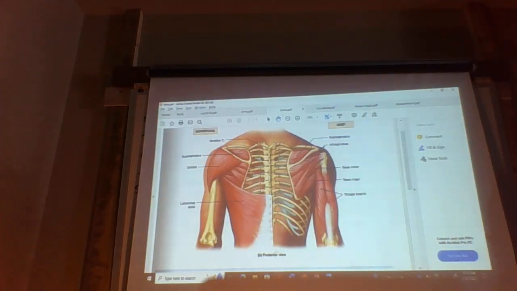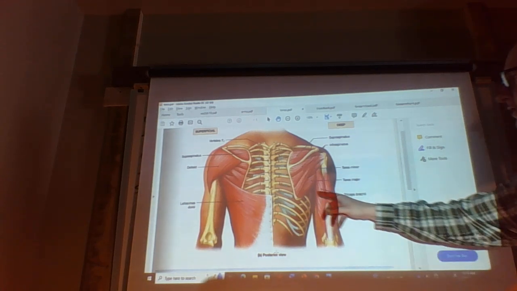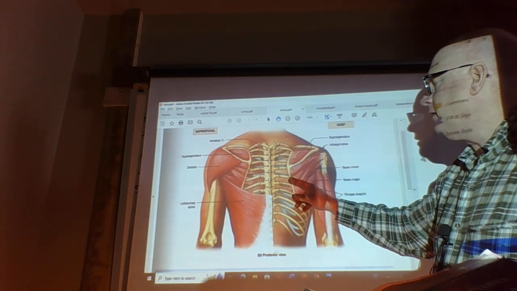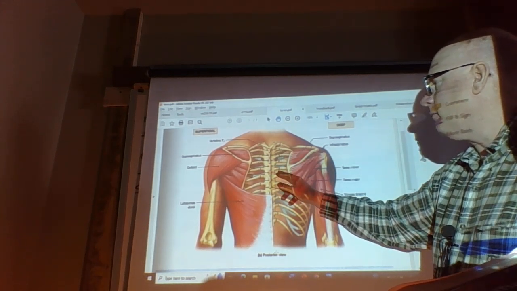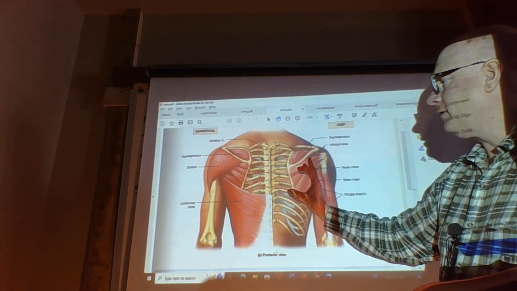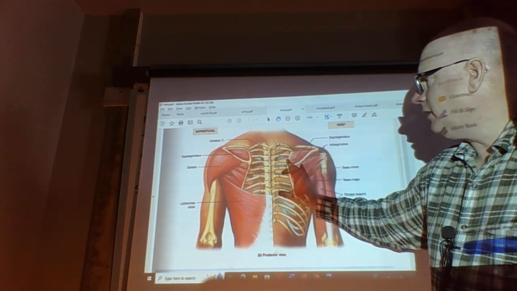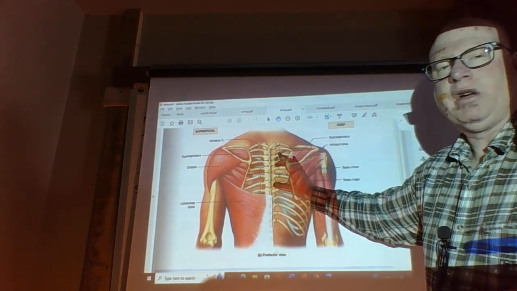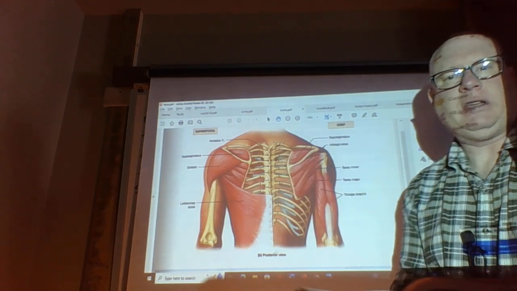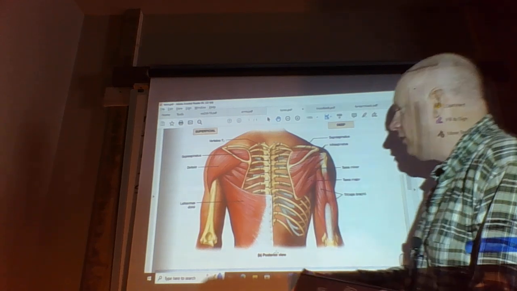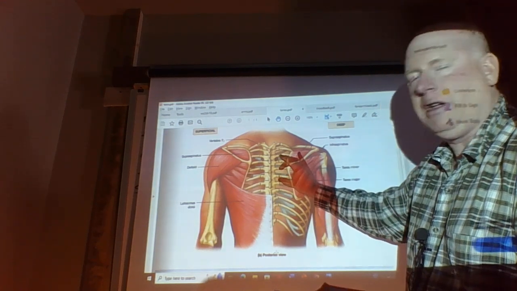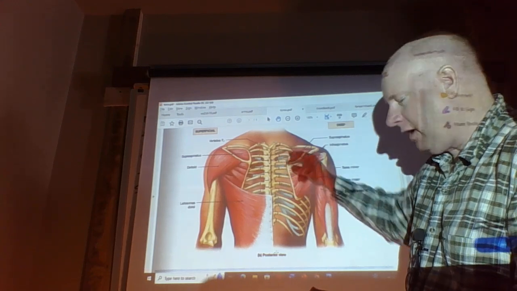The rhomboideus major is actually a little bit larger, and that's in this vicinity right here, because it moves up in this orientation. It's a rather wide muscle, about like this. It goes up in there, and it's much larger than the rhomboideus minor, which actually sits on top of it.